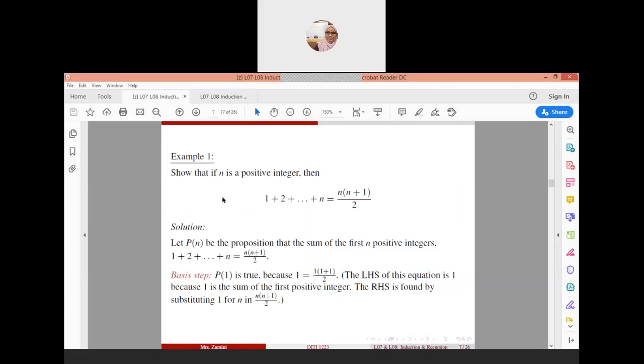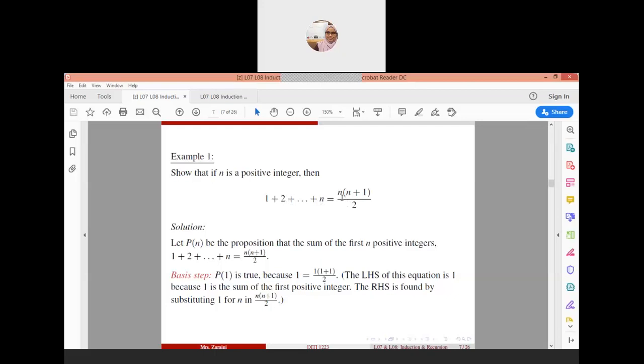Okay, this is the example. If we have the statement 1 plus 2 plus dot dot dot plus n is equal to n(n+1)/2. Remember, dot dot dot means that this statement will continue until n.